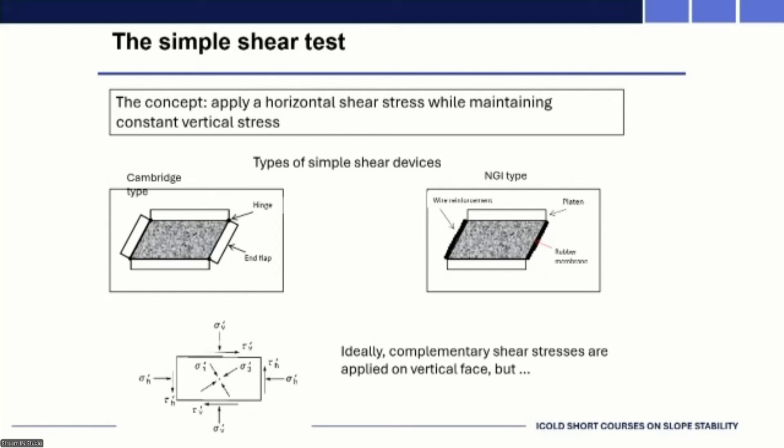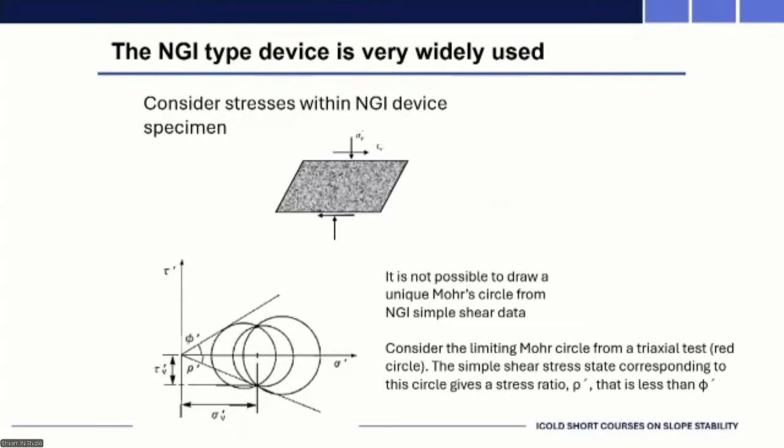But these apparatuses then migrated. They developed what's called the NGI simple shear device, Norwegian Geotechnical Institute, and now we see companies like GDS producing what's called the direct simple shear device as a commercial testing apparatus. The trouble is we don't know the principal stresses within a simple shear device.